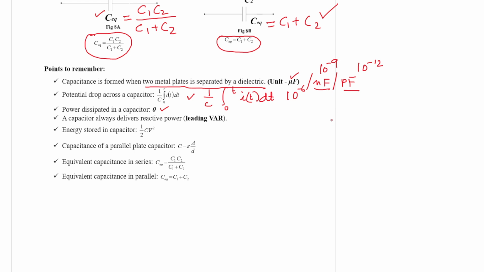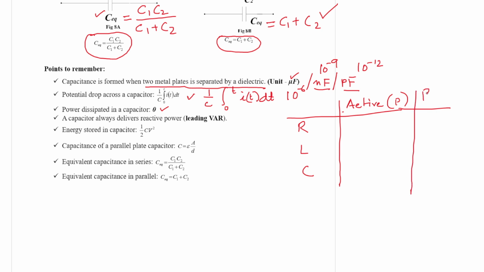Again, we have three parameters, R, L and C. We have two powers: active power, which is P, and reactive power, Q. In case of a resistance, we have mentioned active power is dissipated by I square R and reactive power is 0.